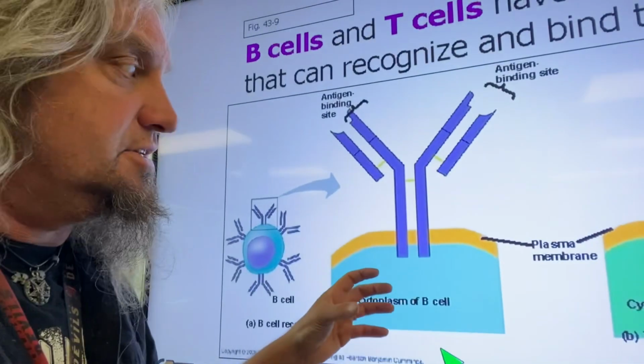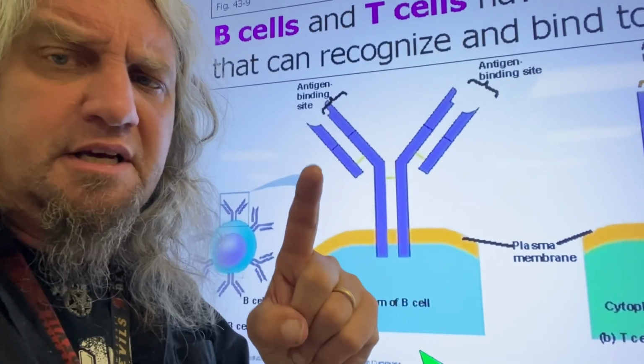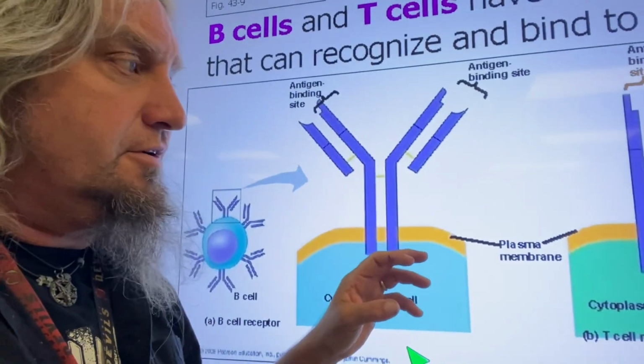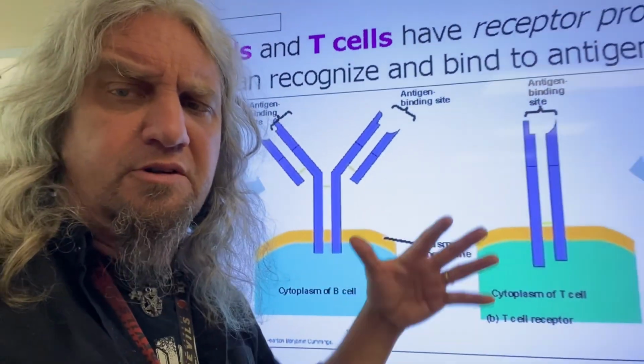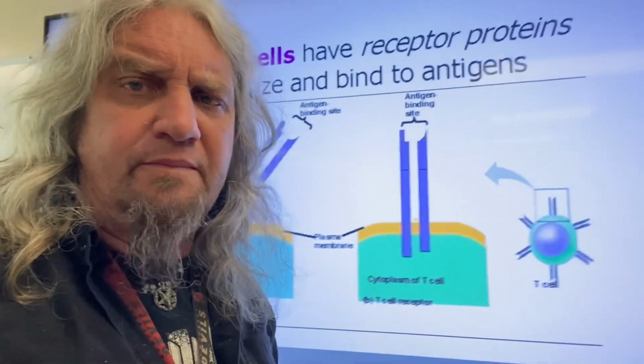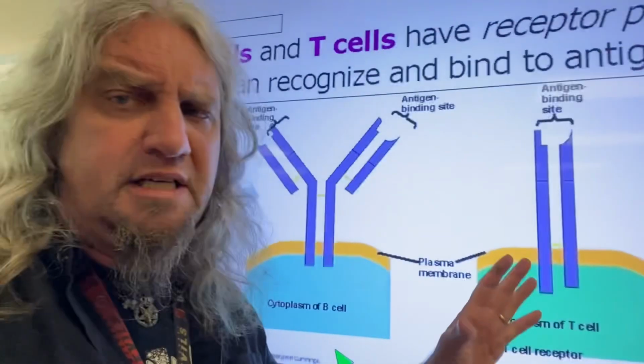Antibodies are proteins that stick to the antigens of these cells and do one of two things. They either target them for destruction by a T cell or by a large macrophage cell, one of those big eating cells in the white blood cells in the immune system. Right? So, cell membrane proteins.